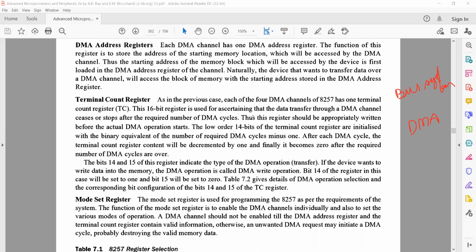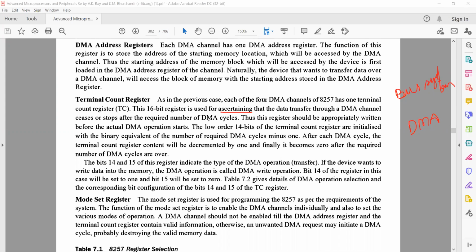It decides that the data transfer through the DMA channel, that means the bus system of the CPU used by the DMA controller, stops after the required number of DMA cycles.